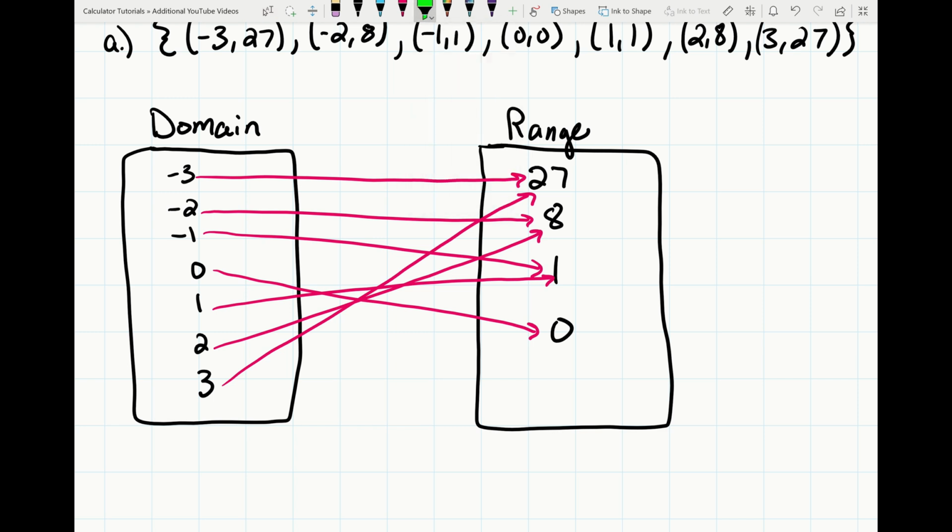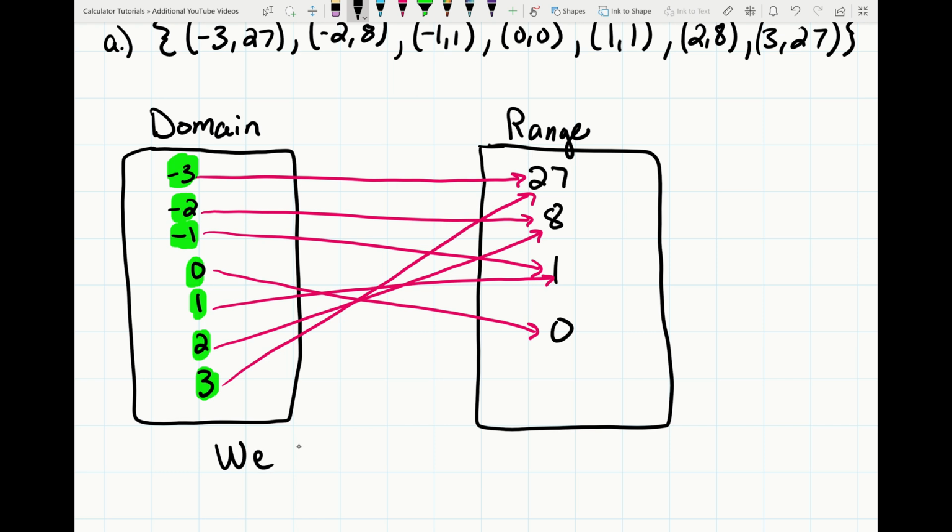Looking at -3, it only points to one y value. Next, -2 only points to one y value. -1 only points to one y value. 0, 1, 2, and finally 3 each only point to one y value.